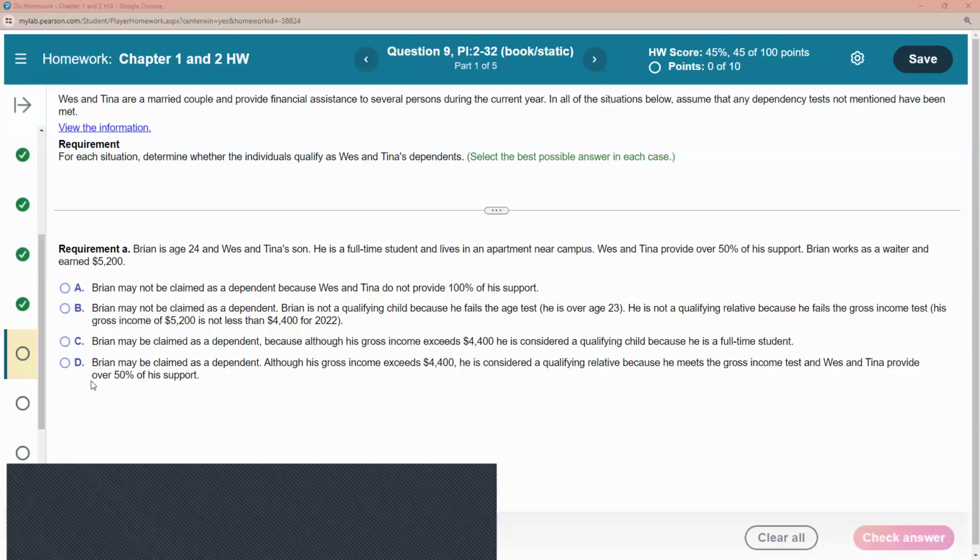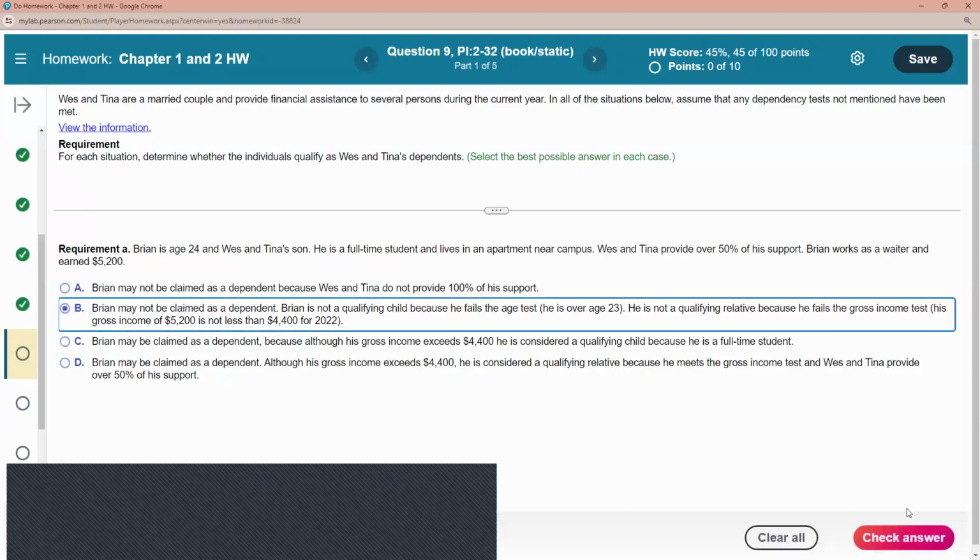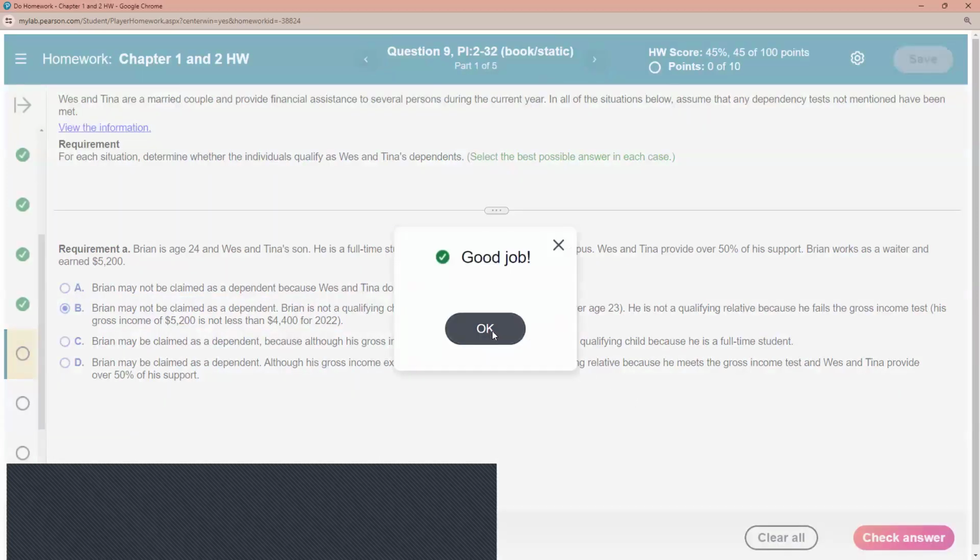Although his gross income exceeds $4,400, he is considered a qualifying relative because he meets the gross income test, and Wes and Tina provide over 50% of his support. D is incorrect. He earns more than 4,400, which is the threshold for 2022, and he earns more than 4,700, which is the threshold for 2023. So therefore, B is our correct answer.